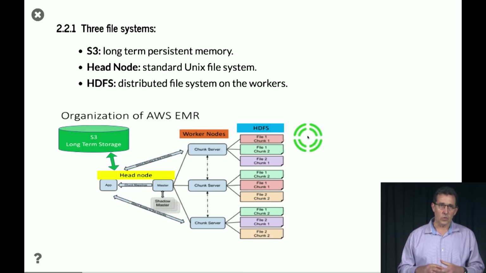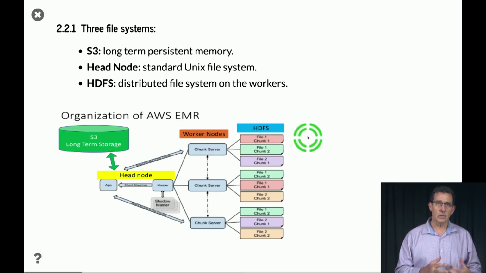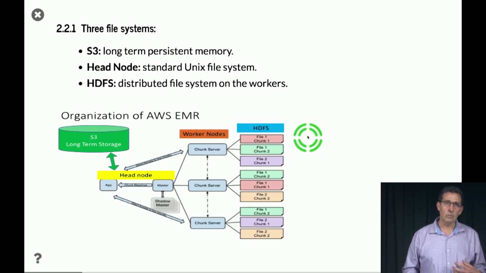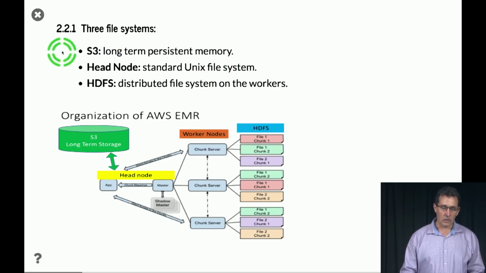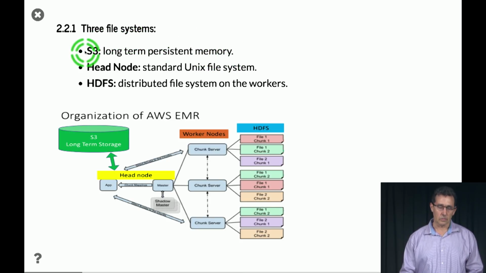In AWS, when you rent essentially a computer for a few hours or a few days, it comes with some disk space, and that disk space evaporates when you release the computer and stop paying for it. So you need some place to hold things for the long term, and that is S3.